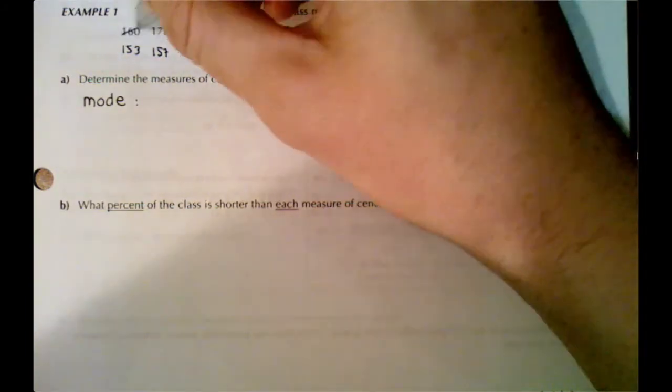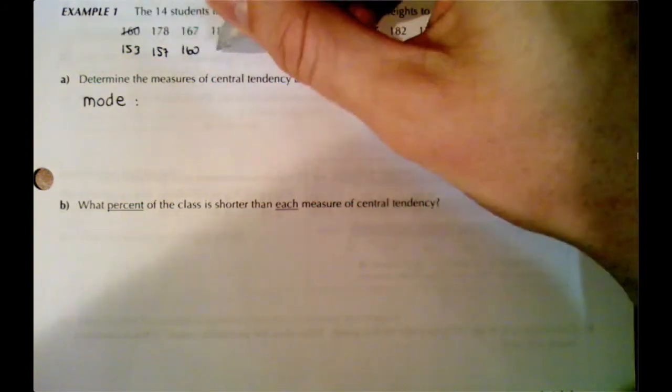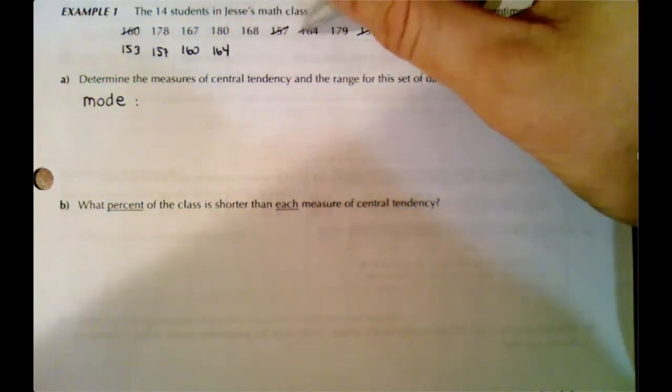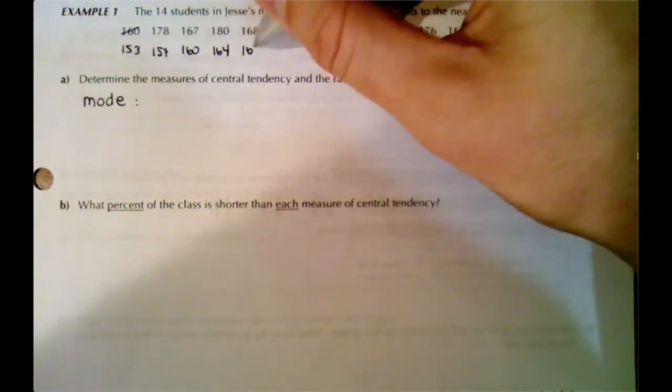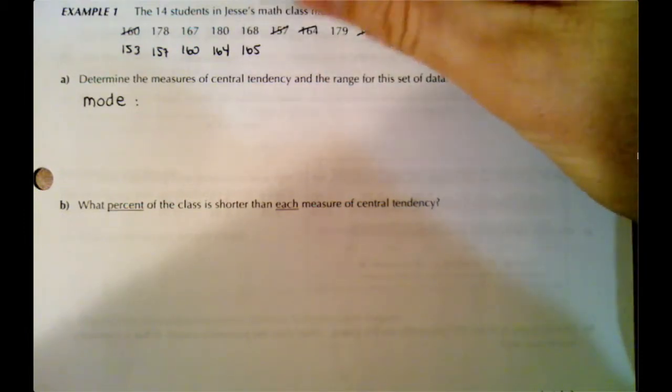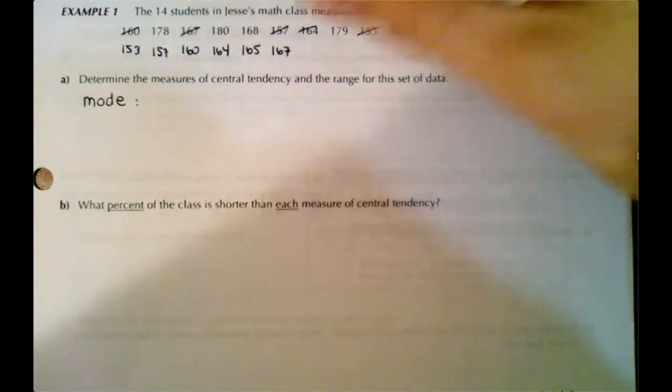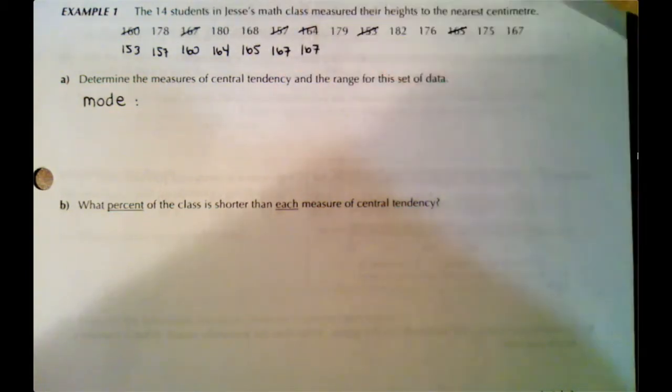Oh, there it is. Next is 164. Cross off my 164, and then I've got 165, and then I've got 167, and there's actually another 167. Looks like we might have a mode there.